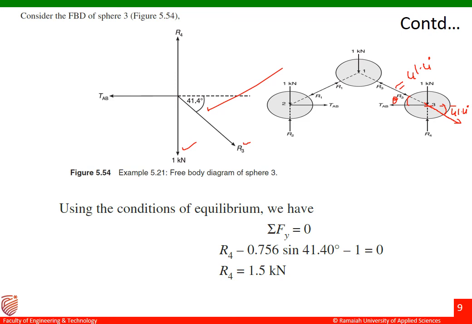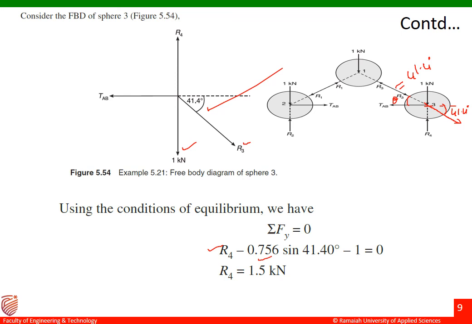What is the value of R3? In the previous slide, we found out the answer for R3 as 0.756 kilonewton. We'll substitute that in this equation, that is R4 minus 0.756 sine 41.4 degrees and then minus 1 is equals to 0. Once we do that, we'll get the answer for R4 as 1.5 kilonewton. So this is the value of R4.